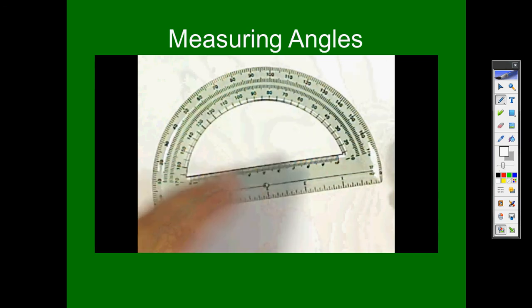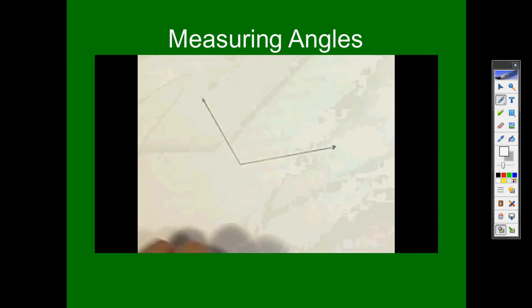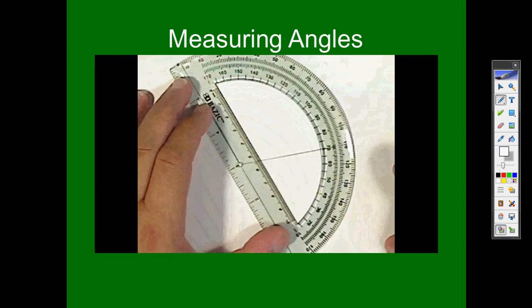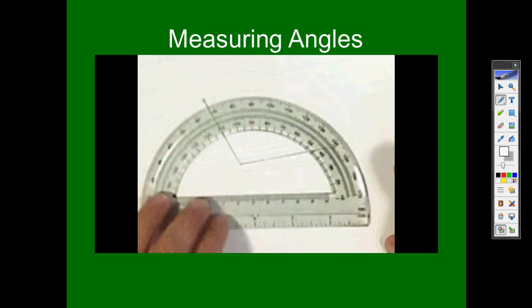So knowing that, let's try to measure an angle. What I have here is an angle, which I can measure from this side, or I can measure from this side.